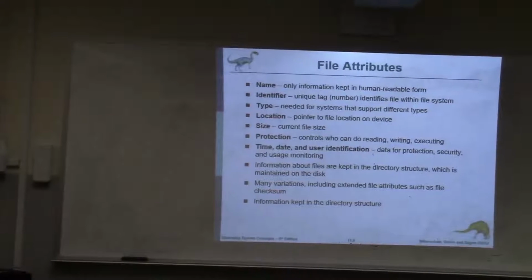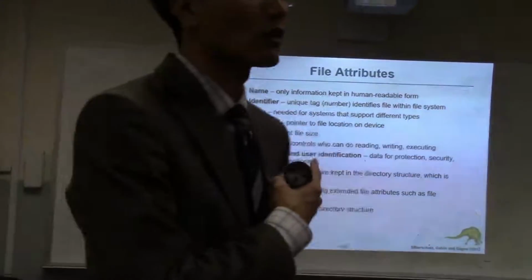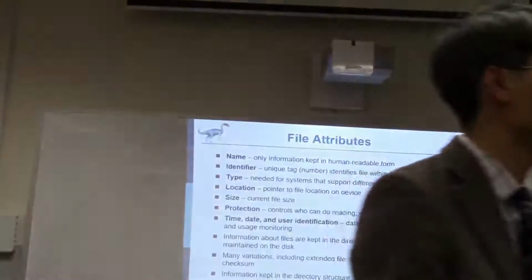If you are using the network file system that we are going to discuss a little later, it is very popular in any operating system, and you can use a remote file system as if you are using the local file system, like a remote drive.